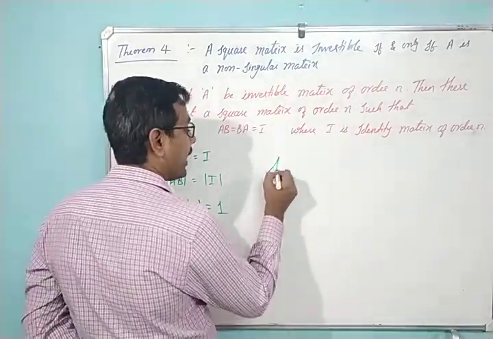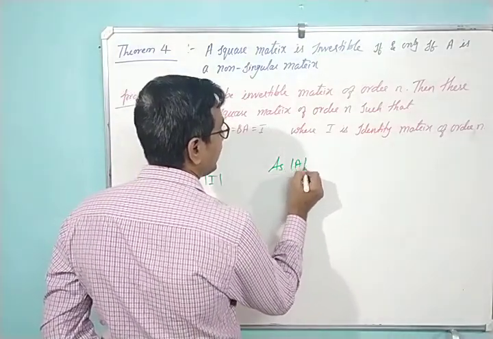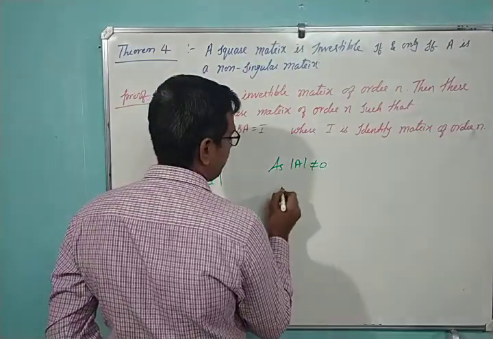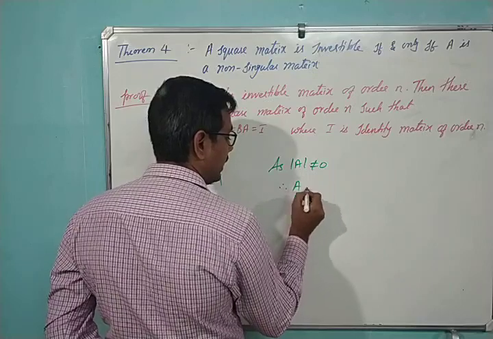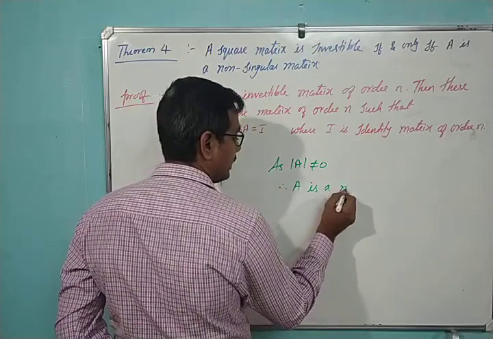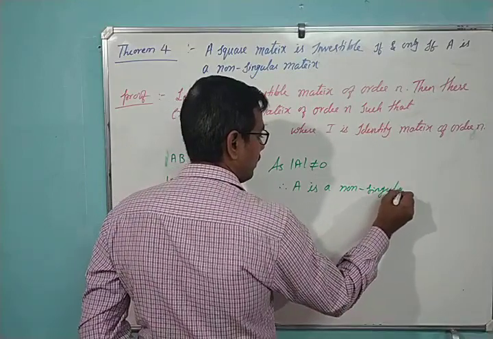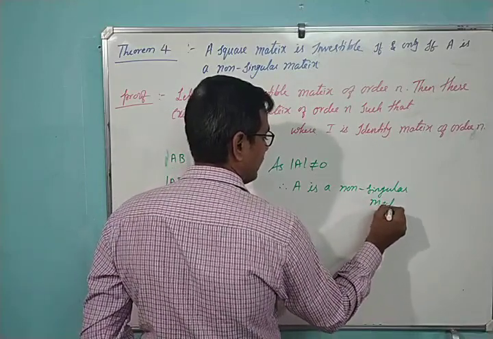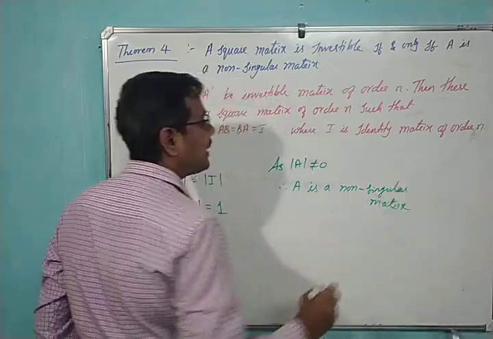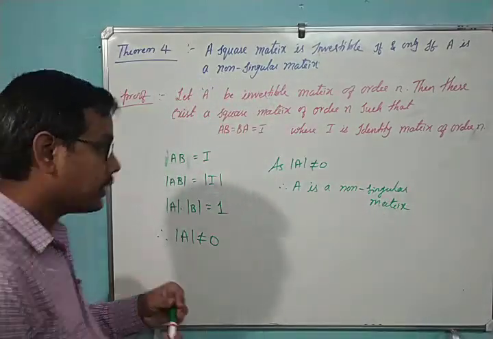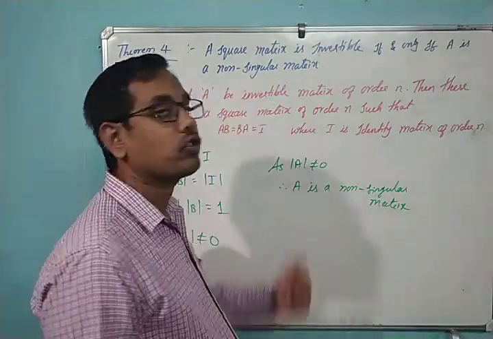So as determinant A is not equal to 0, therefore A is a non-singular matrix. Right? A is a non-singular matrix. Similarly, you can take a non-singular matrix.